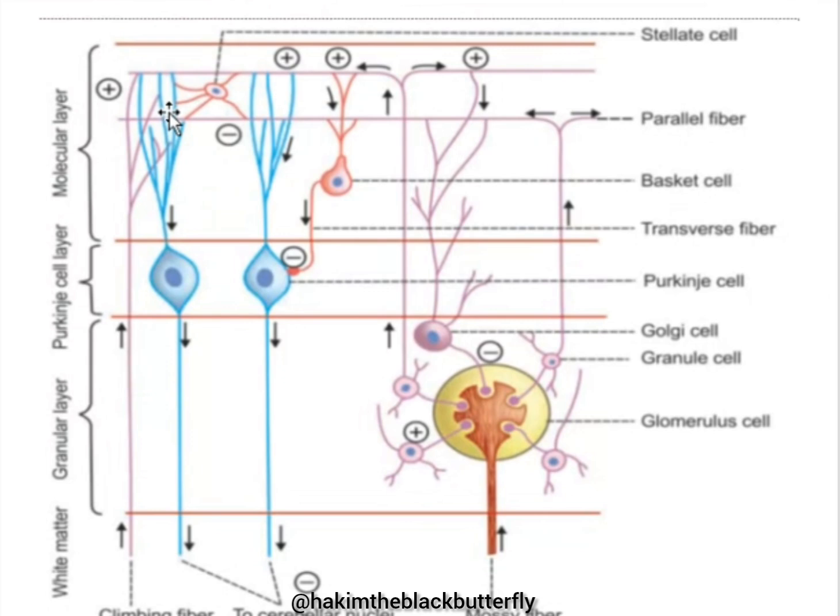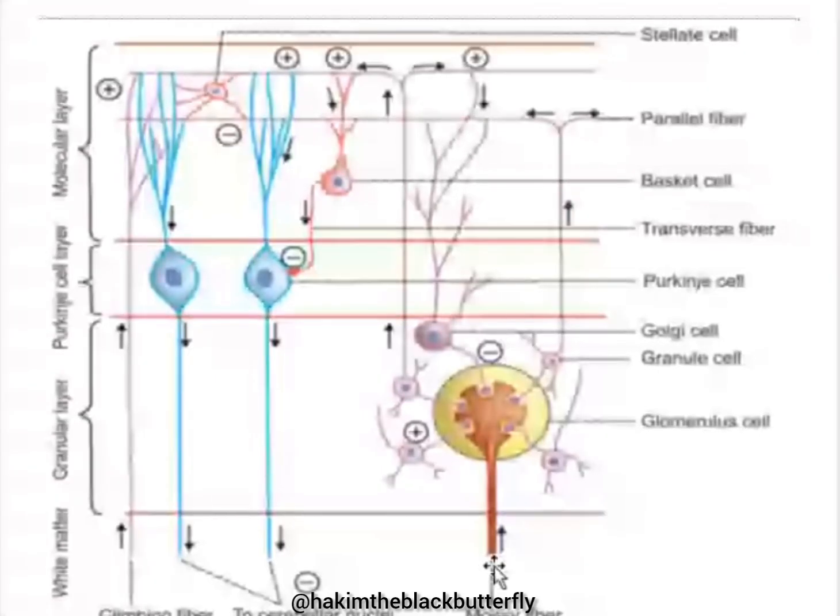So whenever they ask you, how does afferent information reach the cerebellar cortex? Through climbing fibers and mossy fibers. What are the differences between climbing fibers and mossy fibers?